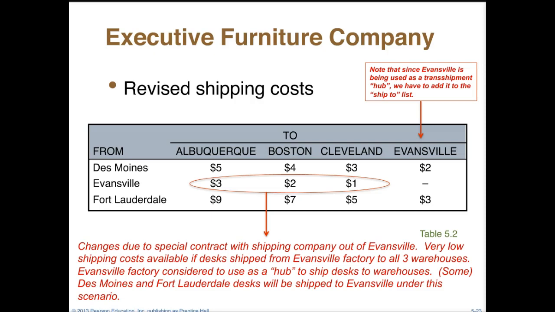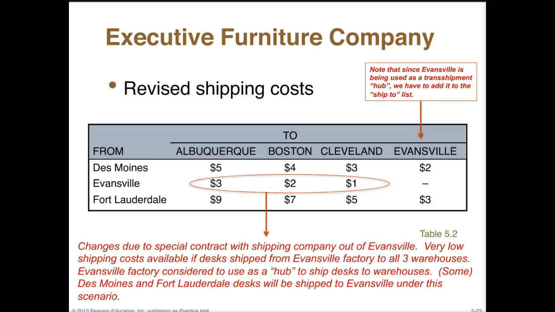We're considering that we need to ship all of our product to Evansville, no matter where it comes from, and then from Evansville, ship it out to our destination warehouses so that we can get it to our end customer. And if you notice here, the $3, the $2, $1 is way less than what it is coming from Des Moines or Fort Lauderdale.